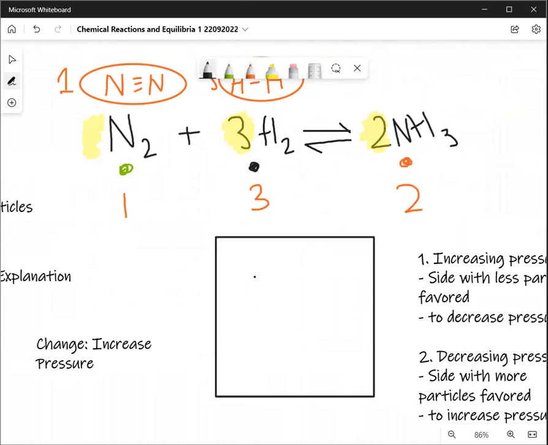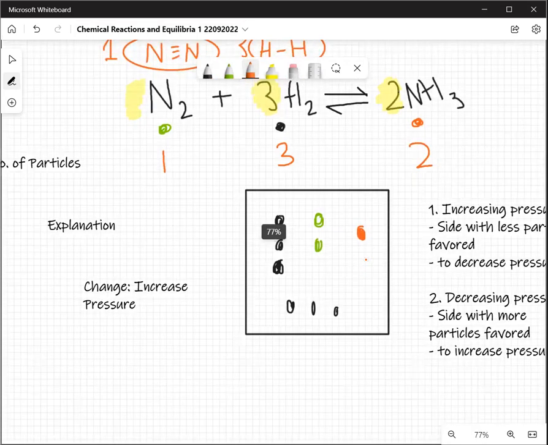Then I have black particles here, 3 of these, and some of these, and I have this one.